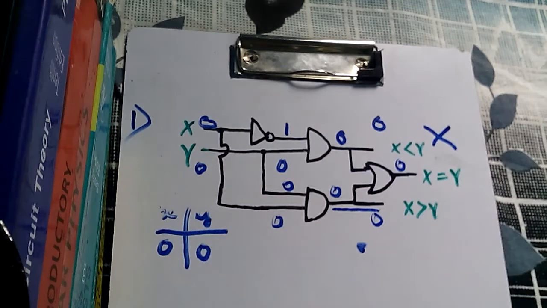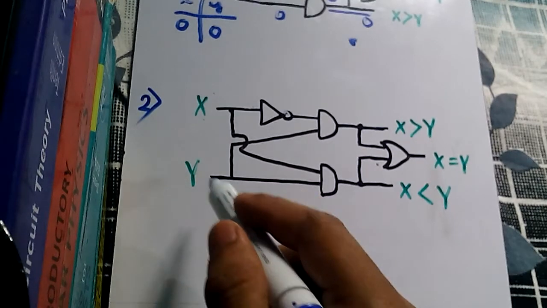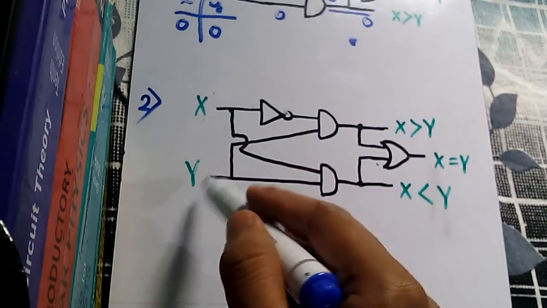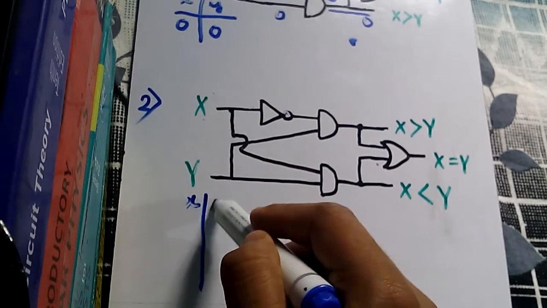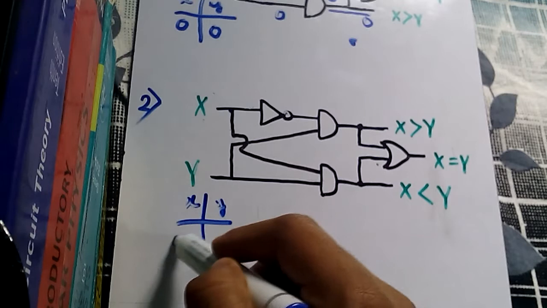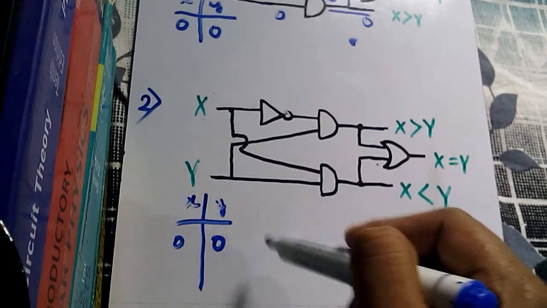Now we will go and check the second option. I have already drawn it for you. To check this option, we'll put the same values again for x and y. Let's put 0 and 0, and check whether they satisfy the comparator condition or not.